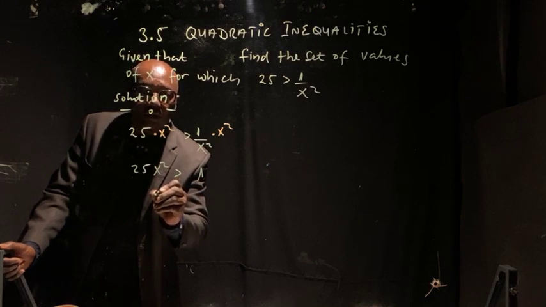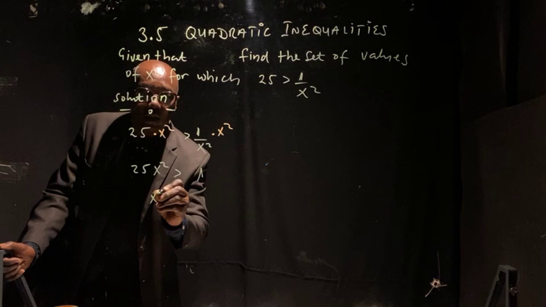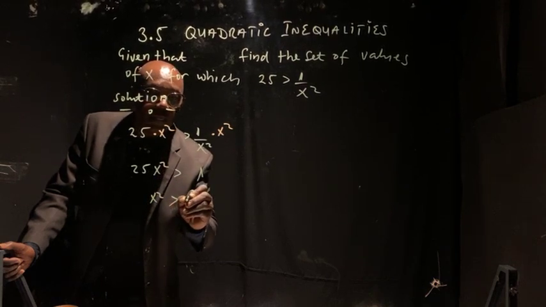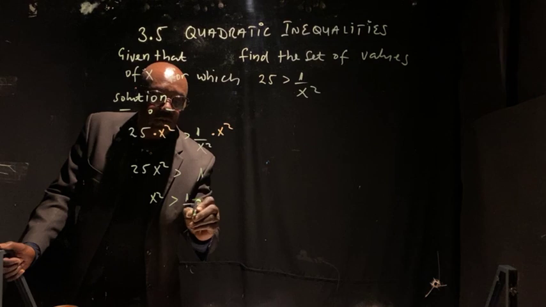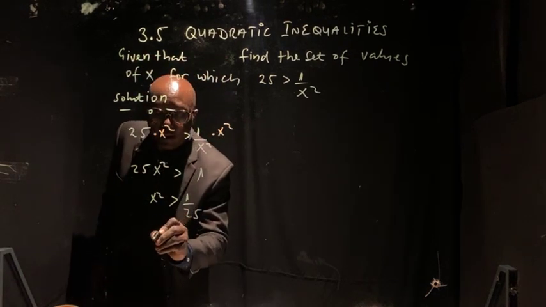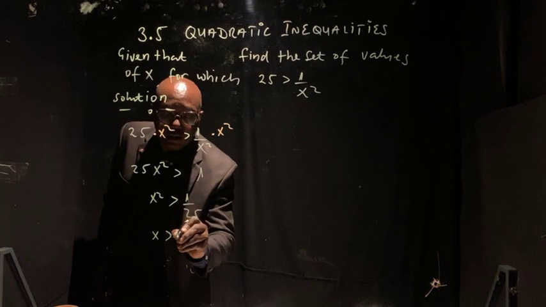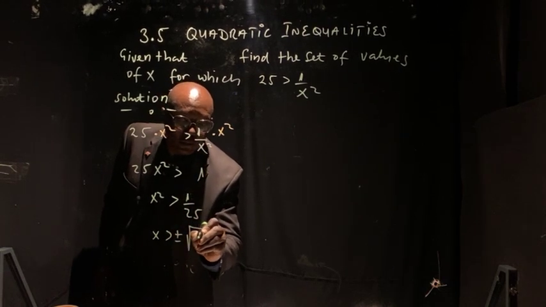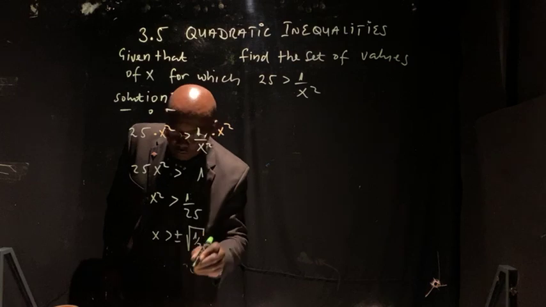It becomes x squared is greater than 1 over 25. We have x is greater than plus or minus 1 over 25.